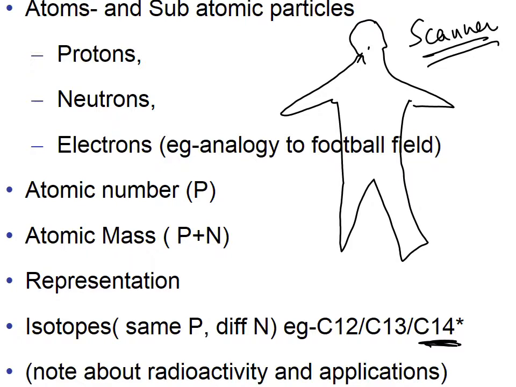Another way, in genetic experiments, is you can radioactively label a DNA molecule and then check for its presence or absence, or the kind of activity that it does and so on. In many genetic experiments you can use it.